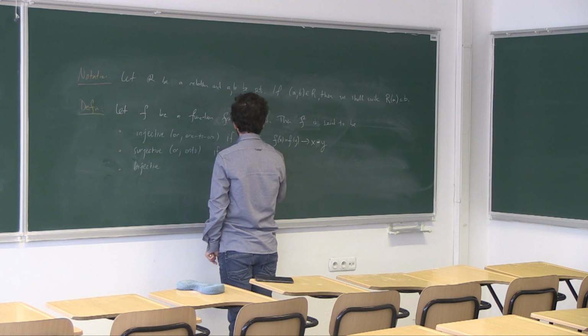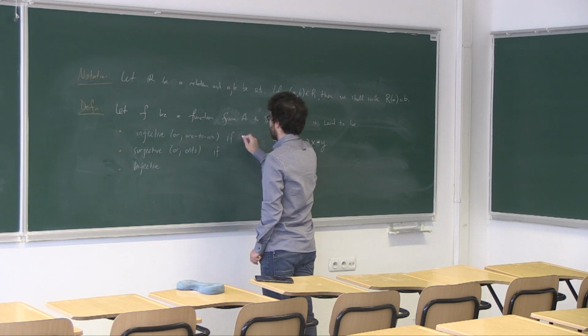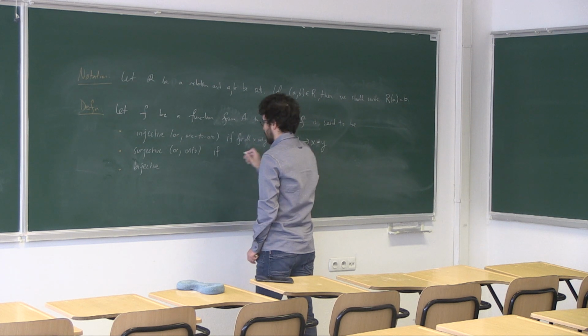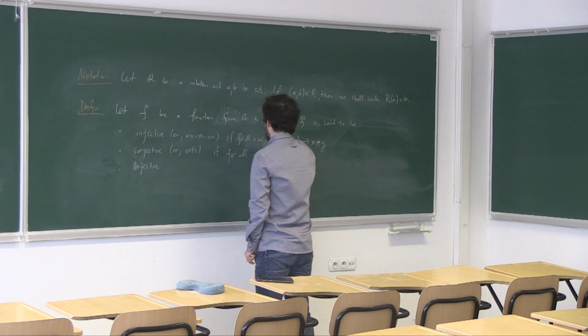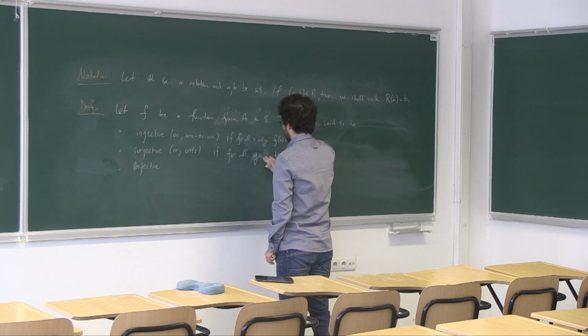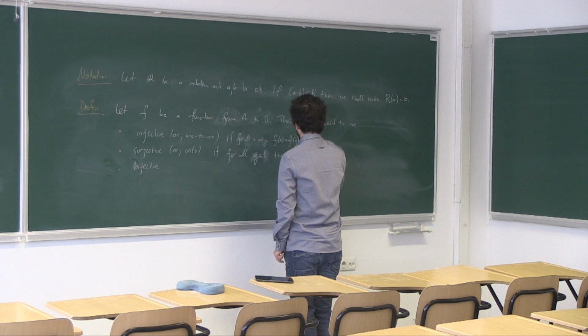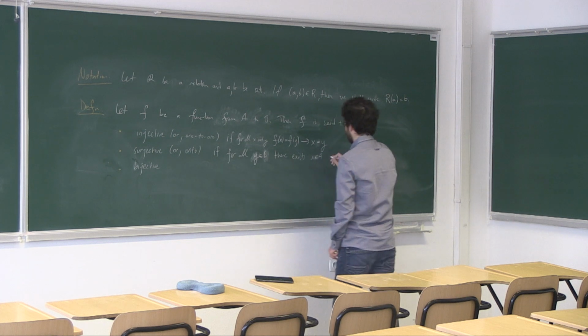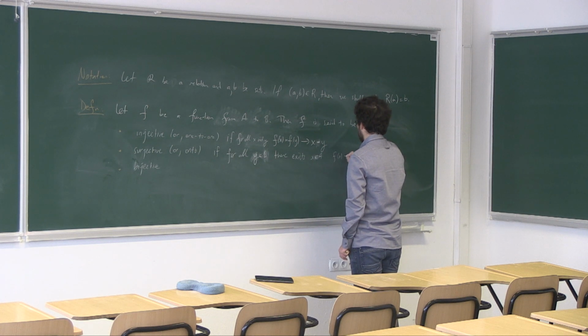It's called surjective if, okay, I'm going to write this. For all y in B, there exists x in A such that f of x equals y.